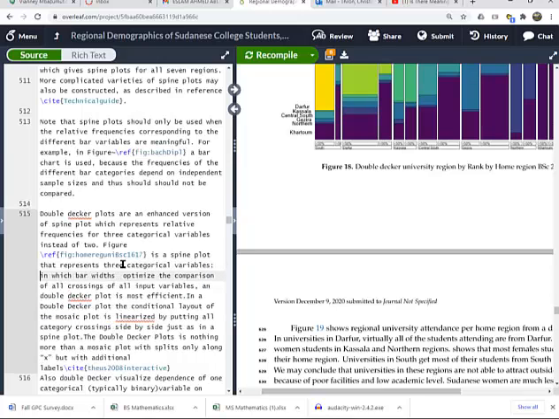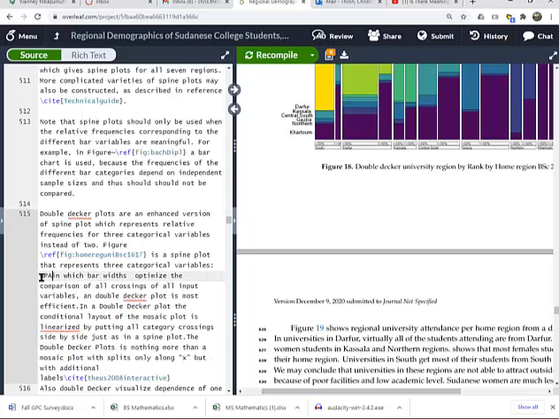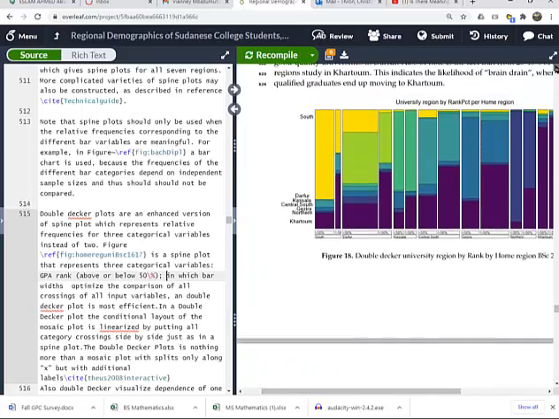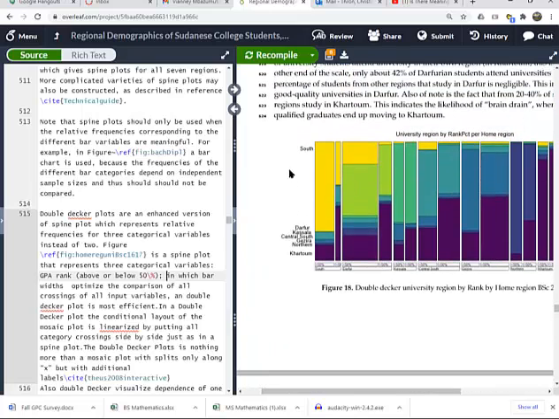The first one is GPA rank, above or below 50%. And then the next one, I'm not sure which one is which.